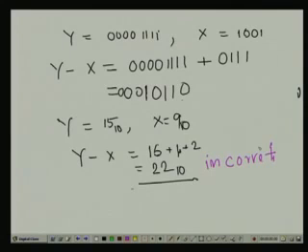See, here y is represented as 8 bit and I have taken x as 4 bit. So, this is the incorrect thing. I have to take x also of the same bit size as that of y. So, x should also be an 8 bit number. Now, we check whether it gives the correct result or not.